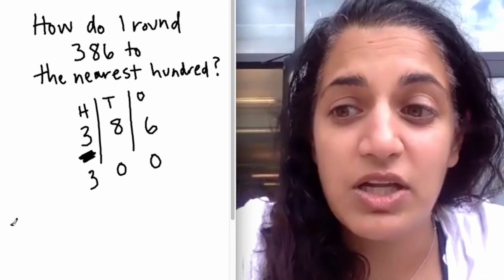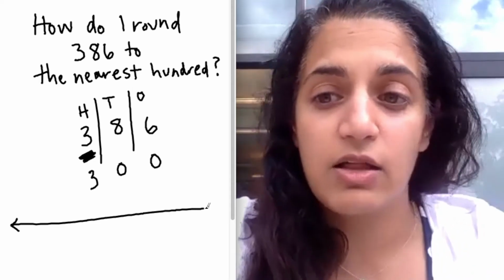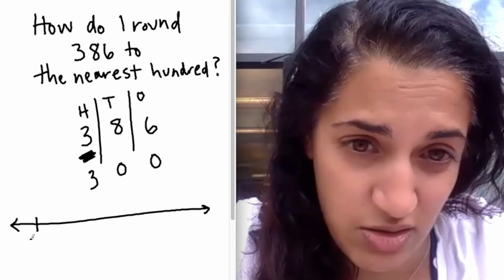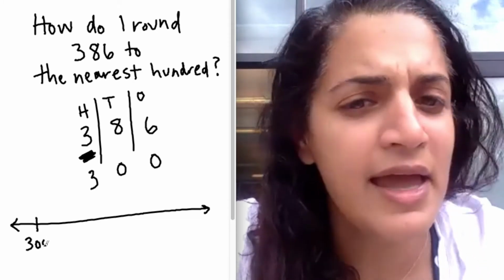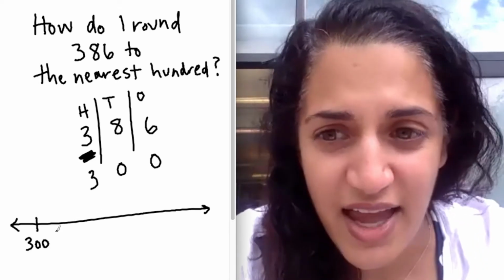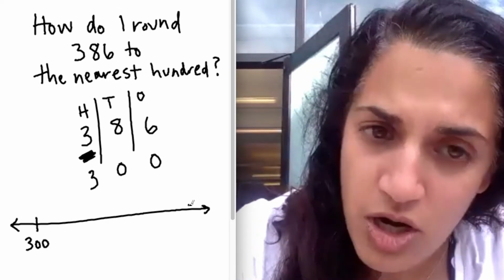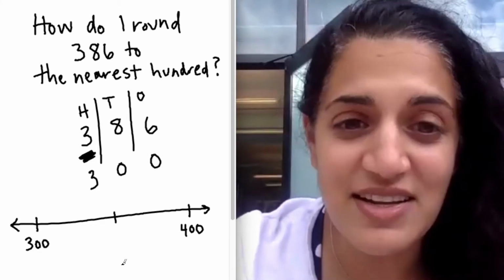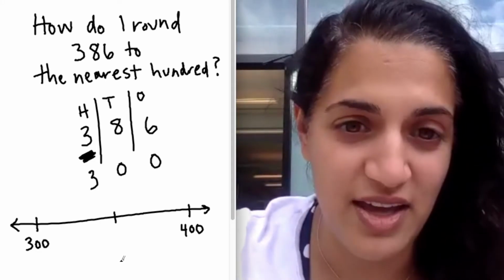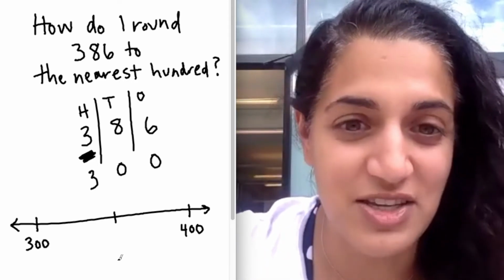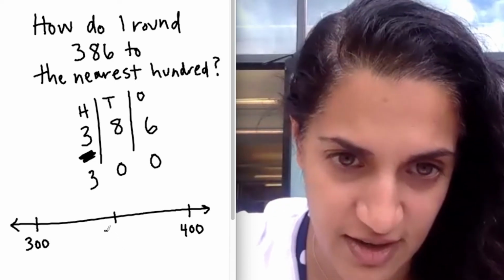I'm going to think about my low point, and that's going to be my lower 100, which is 300. And I'm just going to go one up in the hundreds place for my high point. Now I just have to think about my halfway mark. And I know half of 100 is 50, so my halfway mark is going to be 350.